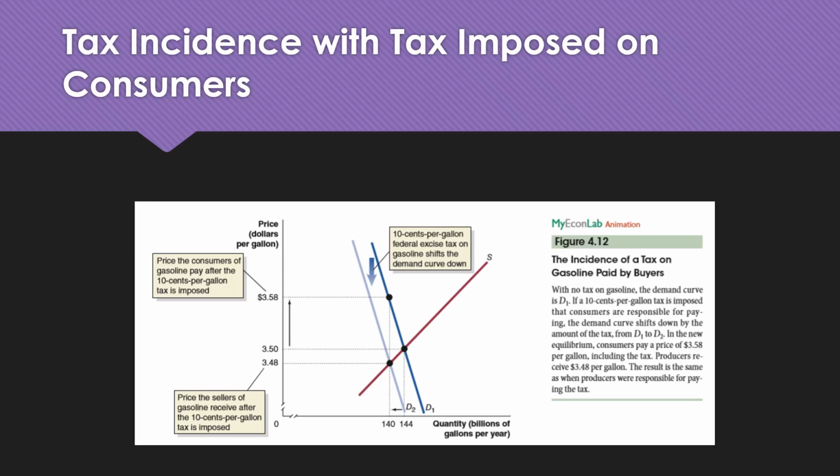So even though it's being imposed on us instead of the seller, in both cases we end up paying 80%. In almost all cases, whether we pass it on to the seller or the buyer, we as consumers end up paying for the tax in the long run. And again, deadweight loss is the same. Right here's our deadweight loss, also known as excess burden. And the tax incidence is 80% for consumers, 20% for firms.